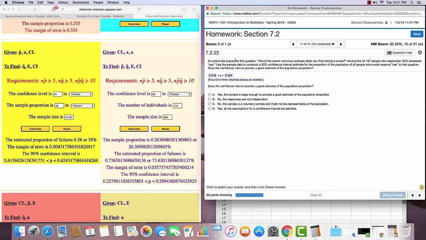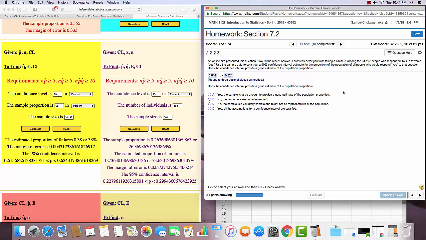An online site asks the question: would the recent norovirus outbreak deter you from taking a cruise? So you know, when you log on to the websites that you visit online, and they ask such questions, right? Some people answer and some people do not answer.